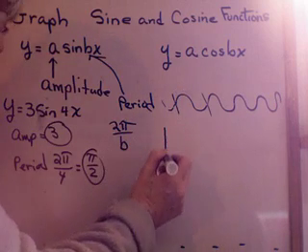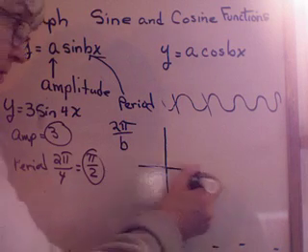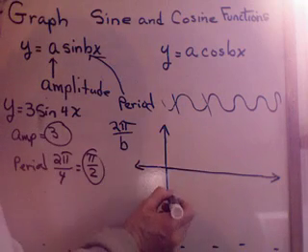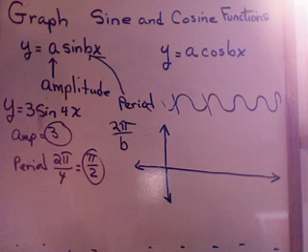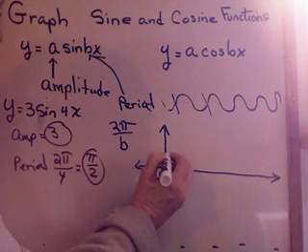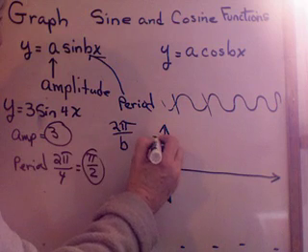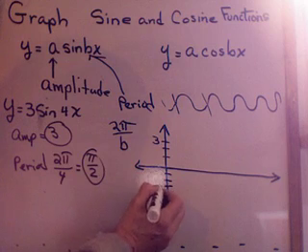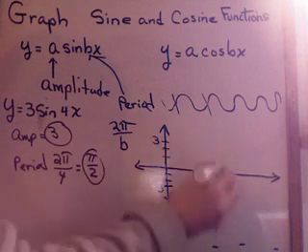Now what I'd like you to do is draw your x and y axis like this, and we're going to just sketch one period of the sine curve. Since the amplitude is 3, it means that it has a high of 3 and a low of -3. It's going to span up and down.